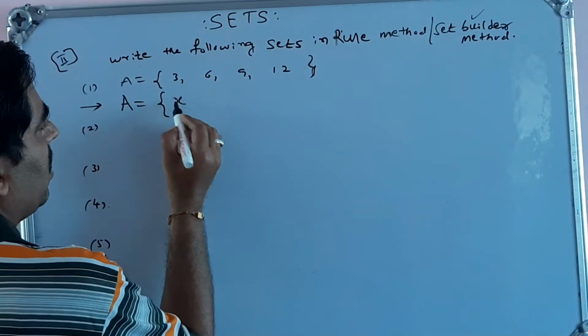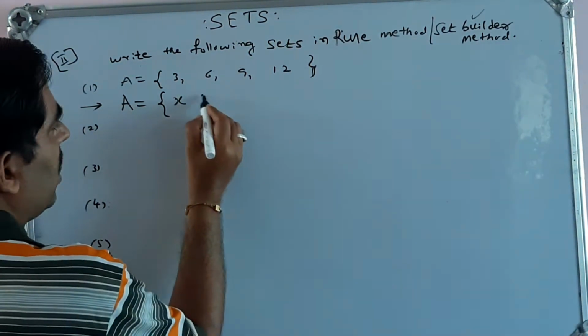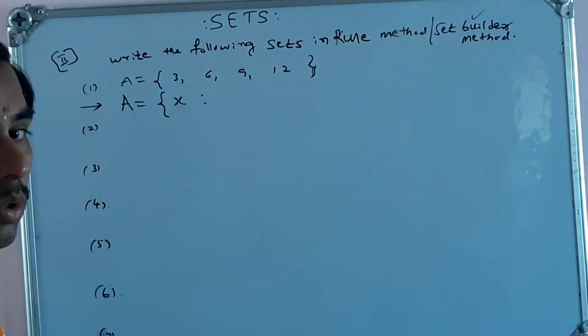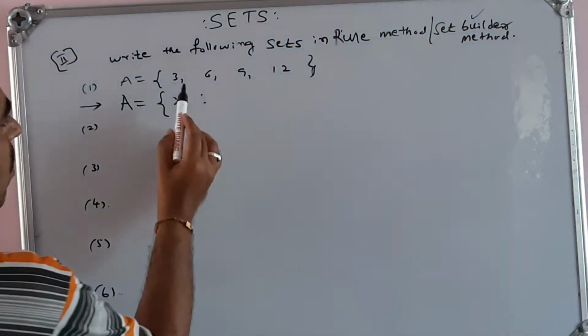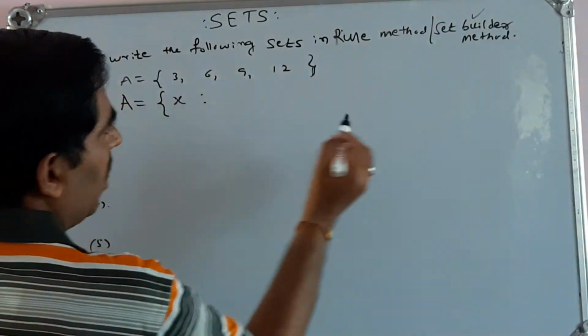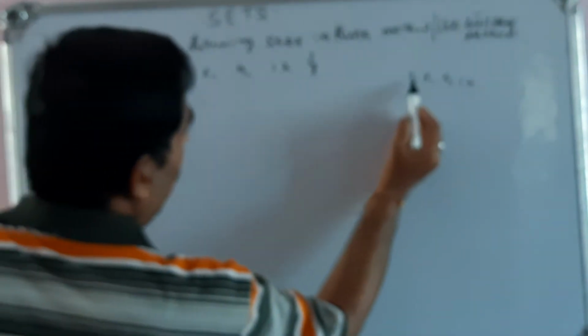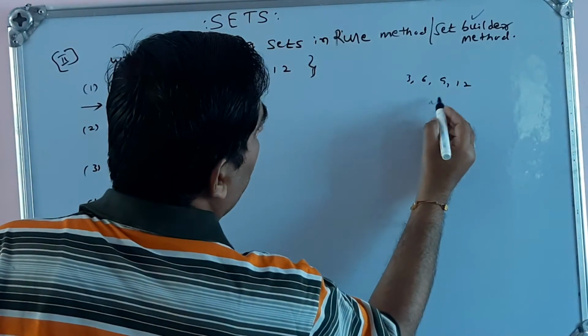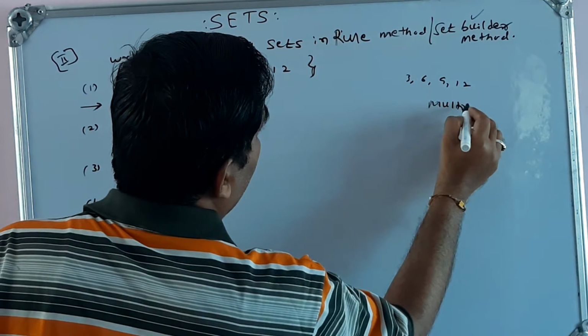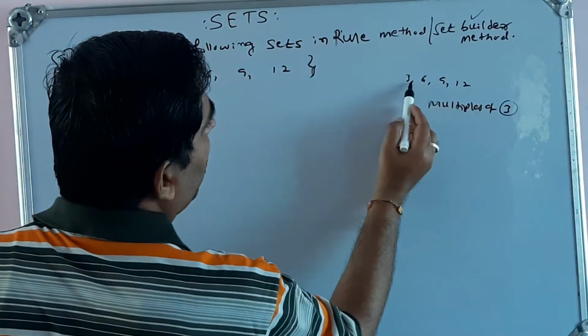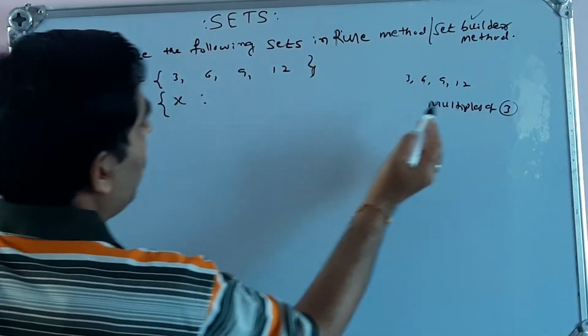So x means it is an element such that, how do you write the rule here? The elements given are 3, 6, 9 and 12. These are all multiples of 3. 3 ones are 3, 3 twos are 6, 3 threes are 9, 3 fours are 12.